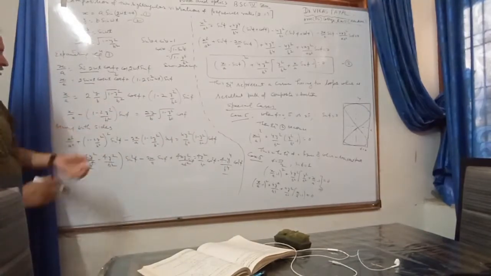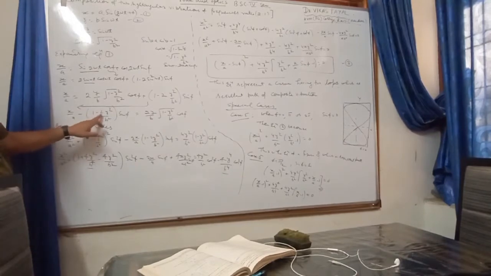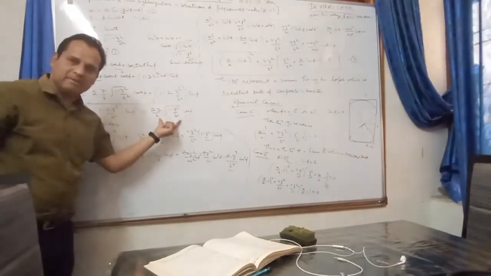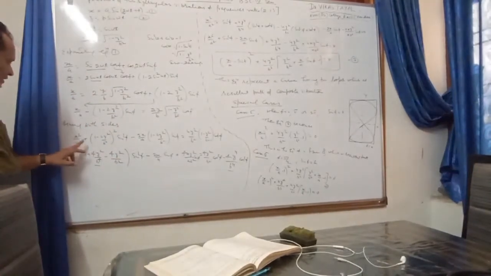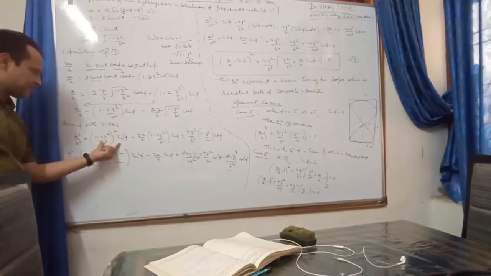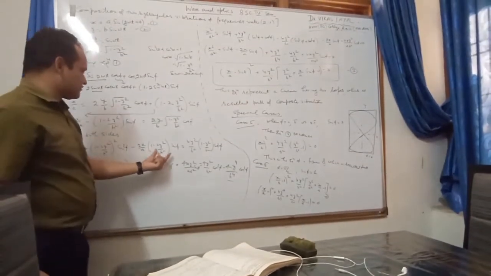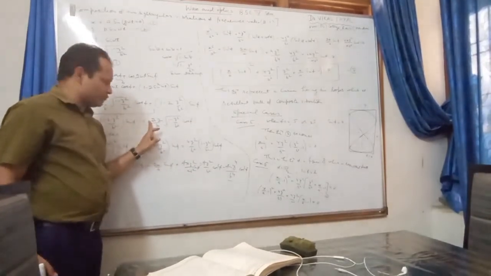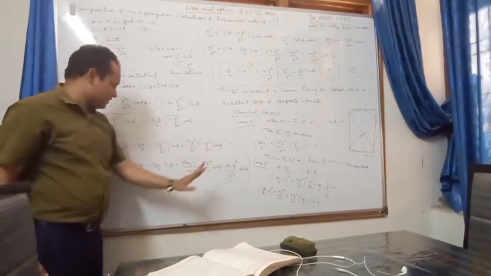X upon a, this value will become on the left hand side and it will become 1 minus 2y square upon b square sin phi is equal to, this value will become as it is. Squaring both sides, x square upon a square plus the second factor square minus twice x upon a, 1 minus 2y square upon b square sin phi is equal to, squaring also this side, it will become 4y square upon b square, the square root is cancelled, and cos square phi.